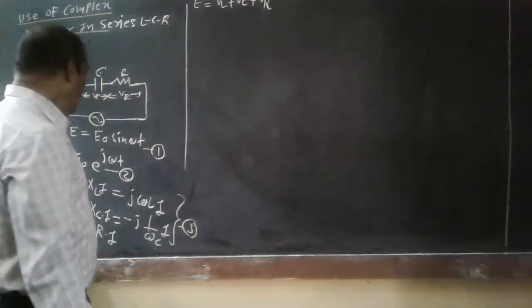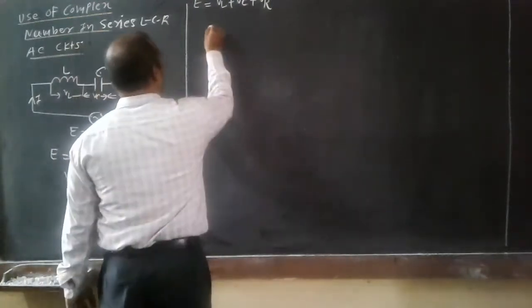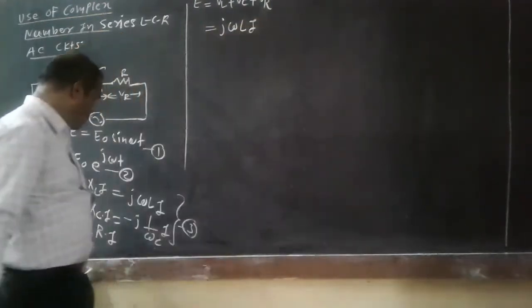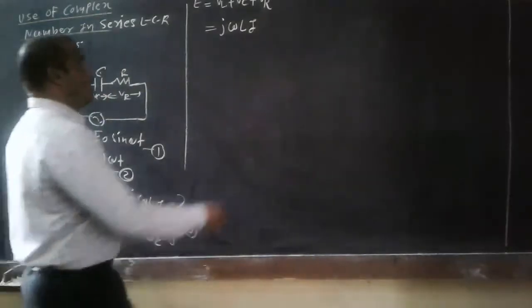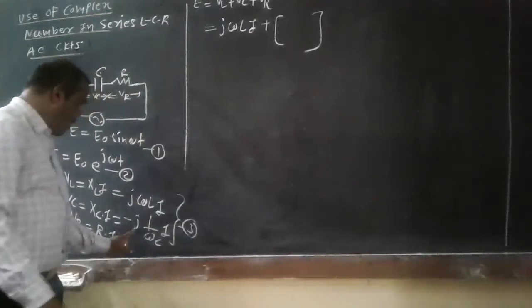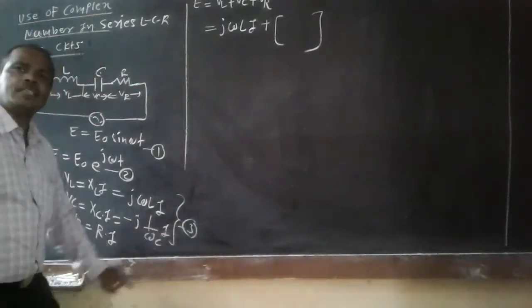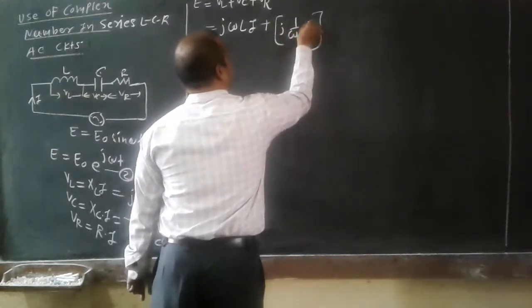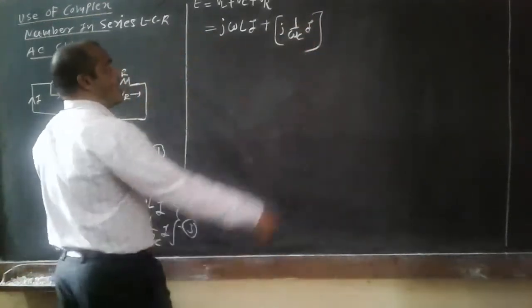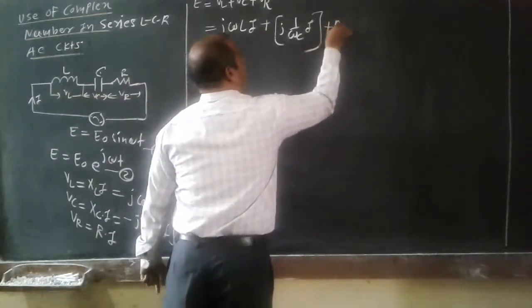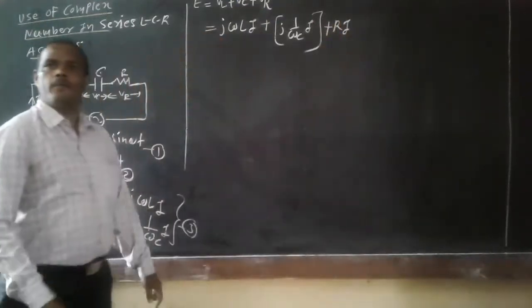Putting the values, VL is j omega L I, plus VC, that is minus j 1 upon omega C into I, and the value of VR, that is R into I.